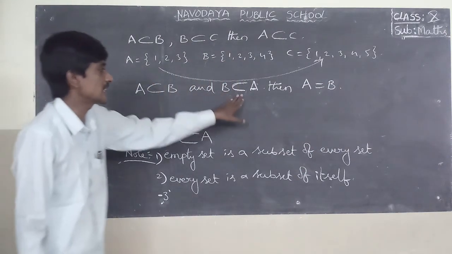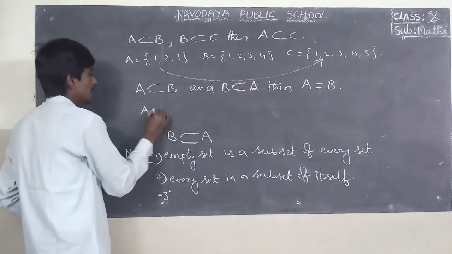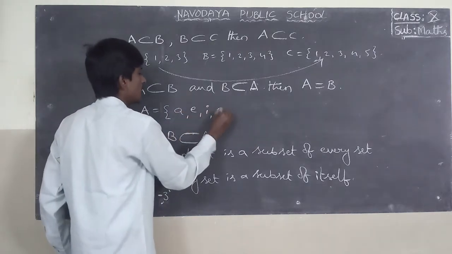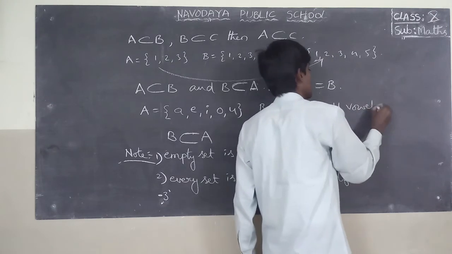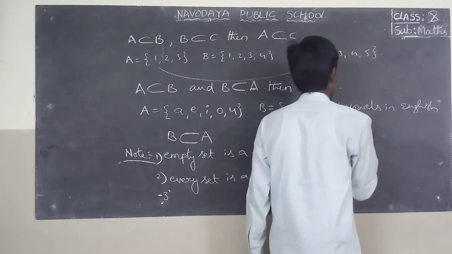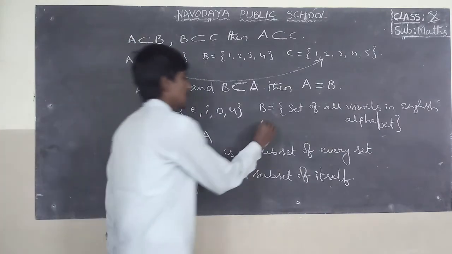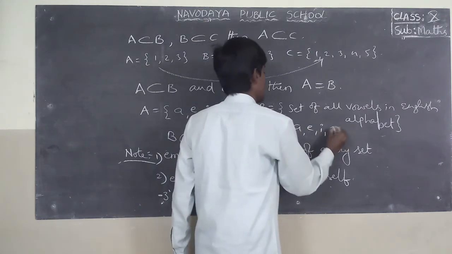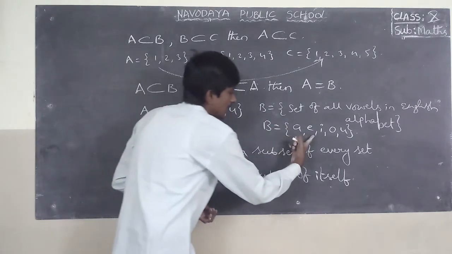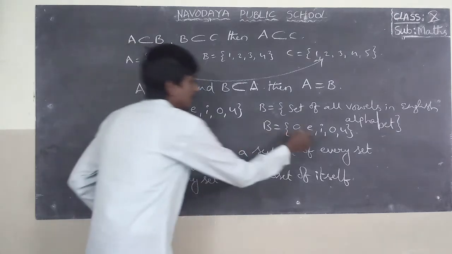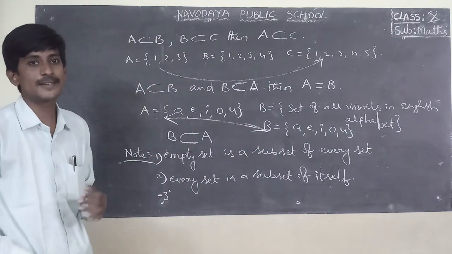When this is possible, it means A equals B. For example, A equals A, E, I, O, U, and B equals the set of all vowels in the English alphabet, which means A, E, I, O, U. Every element of A is an element of B, so A is subset B. And every element in B is also an element of A. So these two are equal, A equals B.